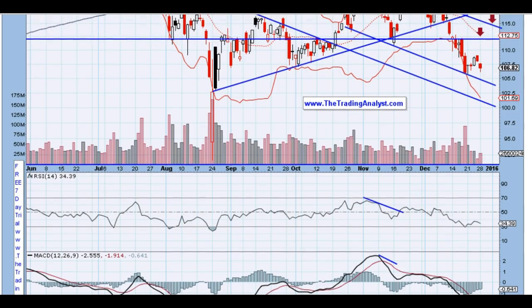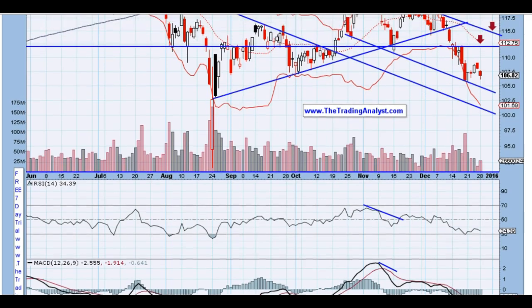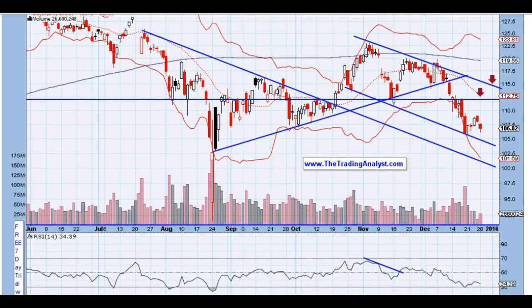And I just want to point out one thing for the RSI. This is bearish behavior on the RSI for Apple. If you look at Apple, we have not been able to reach the 70 level on the RSI. Not here, not even when it was breaking out over there.